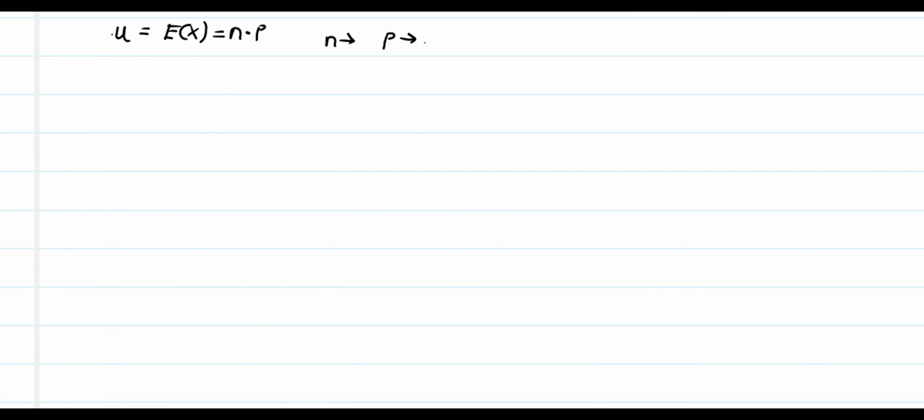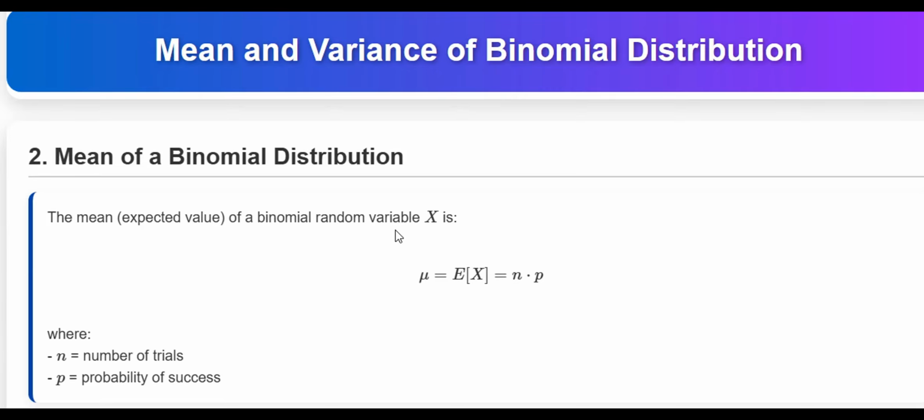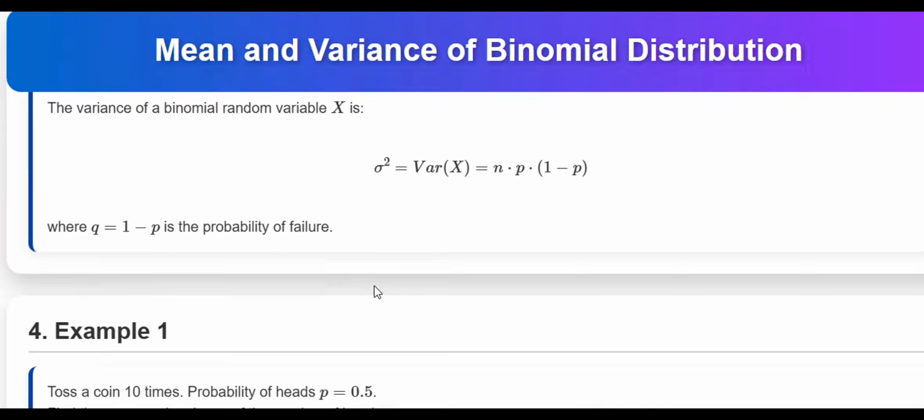Then the variance of the binomial distribution is given by sigma squared, the symbol for variance. It is n multiplied by p, where n is the total number of trials, p is the probability of success, and 1 minus p is the probability of failure, which in lesson 9 we were calling q.